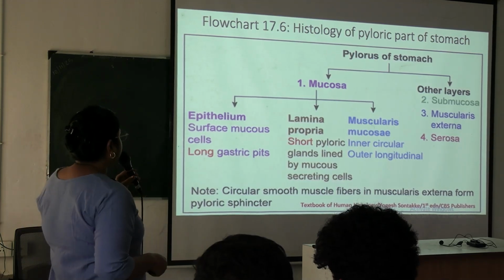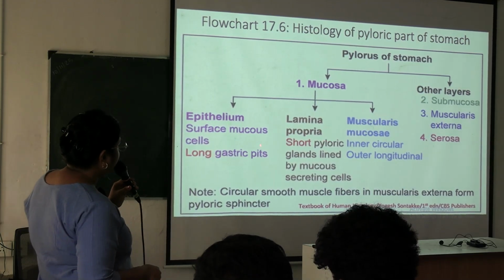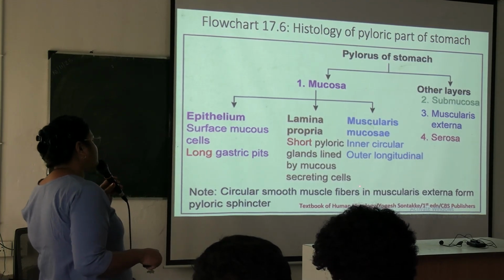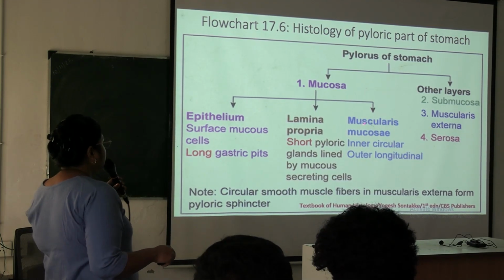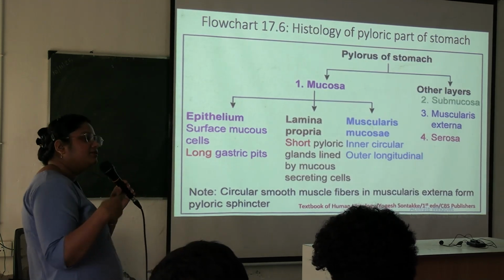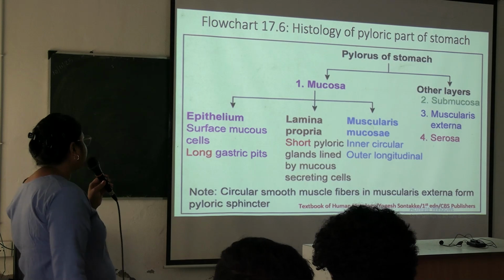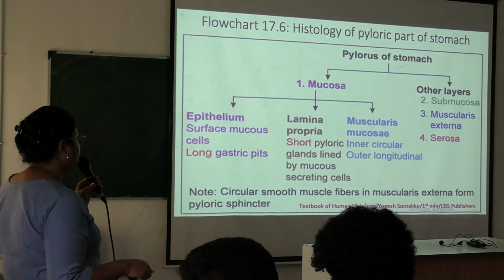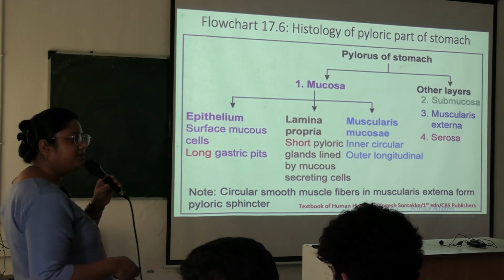Here the lamina propria contains short pyloric glands lined by mucus-secreting cells. The muscularis externa has 2 layers, inner circular and outer longitudinal. The inner circular layer is thickened to form the sphincter. Circular smooth muscle fibers in the muscularis externa form the pyloric sphincter.